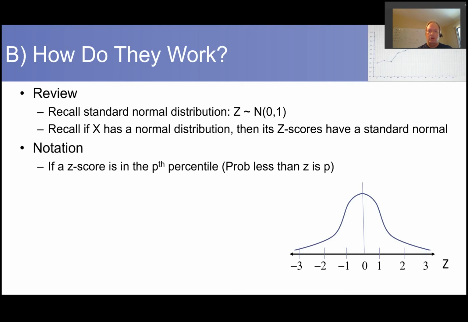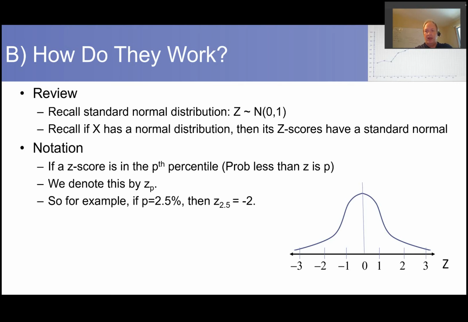So now a little bit of notation here. If I want to find the Z-score that's in the pth percentile, in other words, the probability of getting a random value less than Z is equal to P, we're going to use the following notation, Z sub P. And we actually used this before when we were talking about measures of relative standing and how to compute the percentile from a data set using StatCrunch.